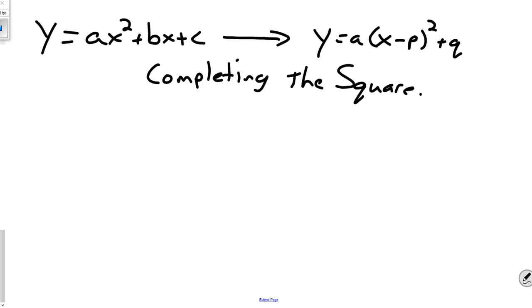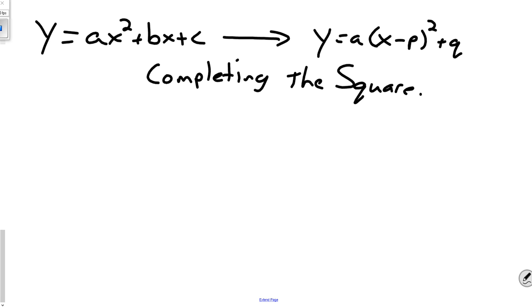In the textbook it does completing the square almost first. I don't like that.